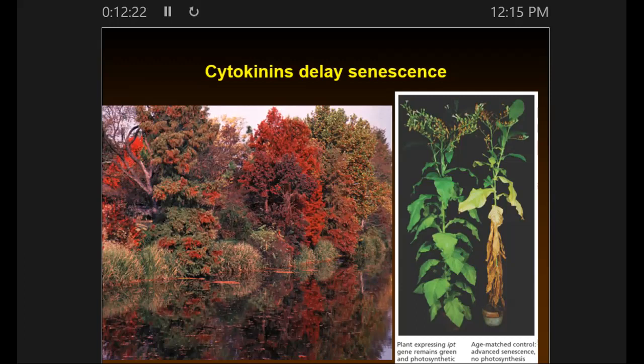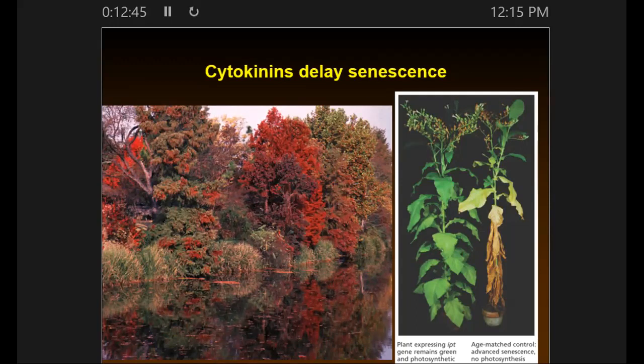Here I'm just showing an image of beautiful fall colors because under natural conditions with deciduous trees that drop their leaves in the fall, what you see happening is cytokinin levels drop. That causes the shift into them going, okay, I guess it's time to senesce.